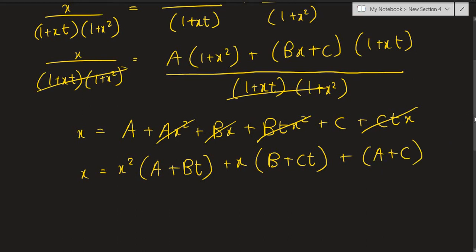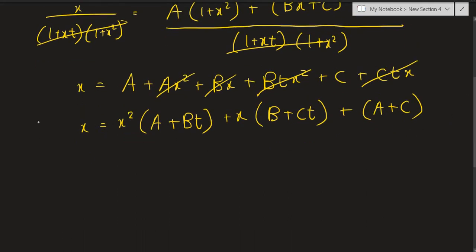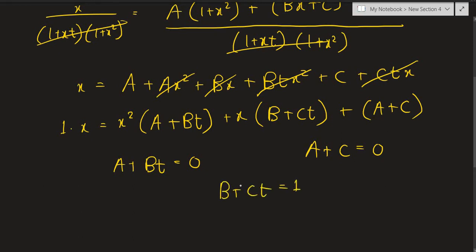Now notice there is no x squared term here, right? So the coefficient of x squared should be 0. A plus bt must be 0, and since there is no constant term here, a plus c must also equal 0, and since we only have 1 times x, the coefficient of x must be 1. That means b plus ct must equal 1.